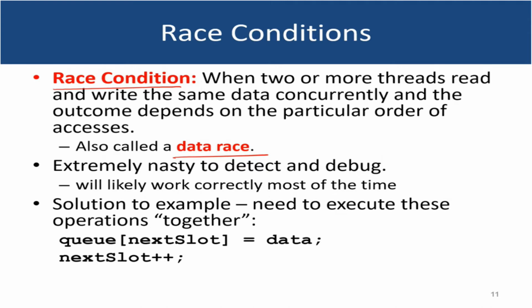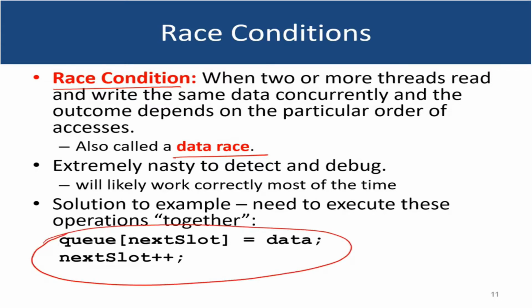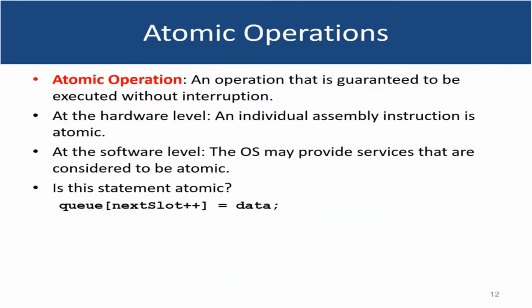So how can we fix the problem in the previous example? Just as we have seen, if somehow we can ensure and allow the two threads to execute both these instructions together without any interruptions, then there is no problem. This requirement, that an operation or a set of instructions execute either completely together or not at all, is known as an atomic operation.